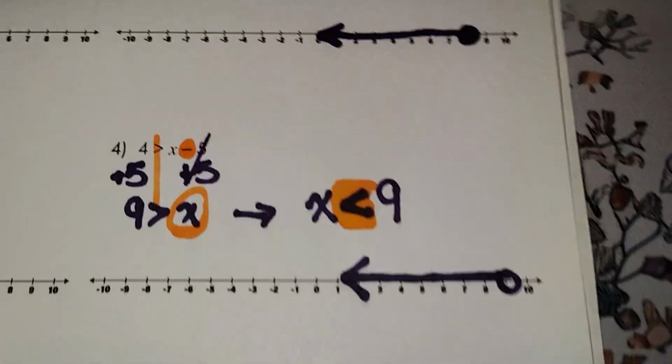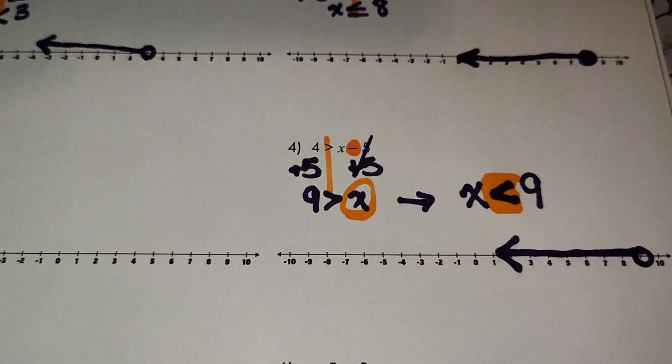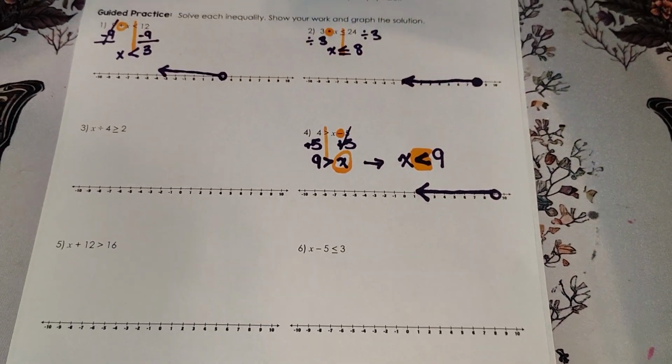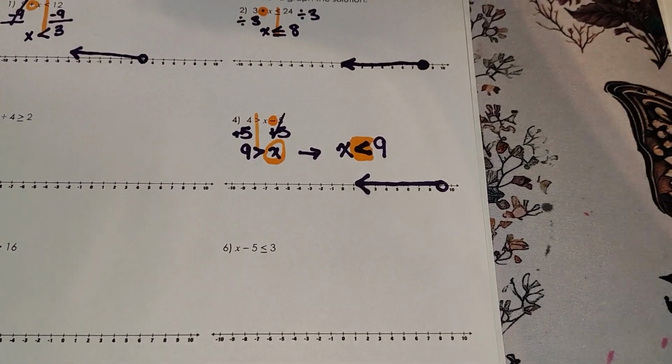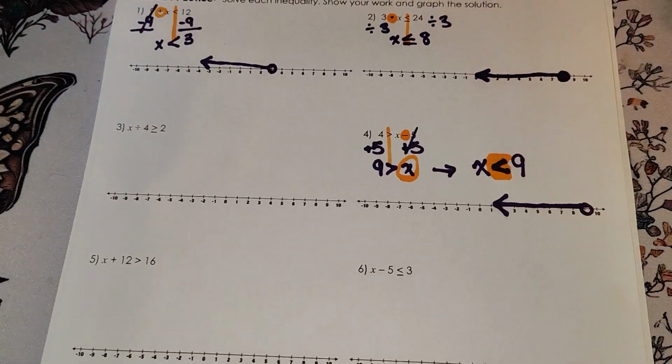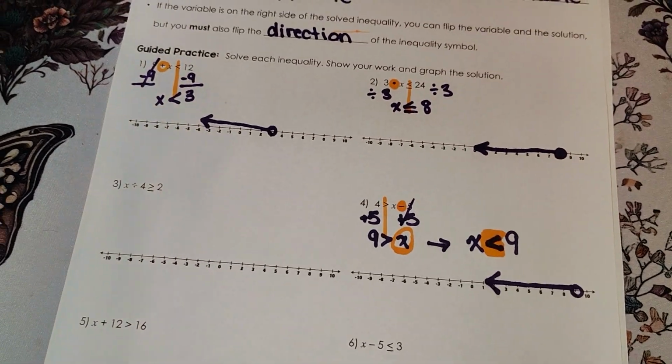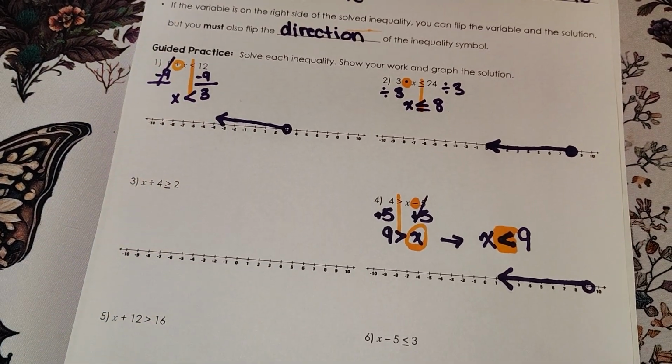Hopefully that makes sense. I'm going to have Miss S pause this for a few minutes. I want you guys to do 3, 5, and 6 on your own. And let's see, how many points should this worksheet be?